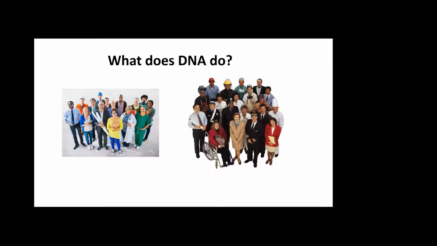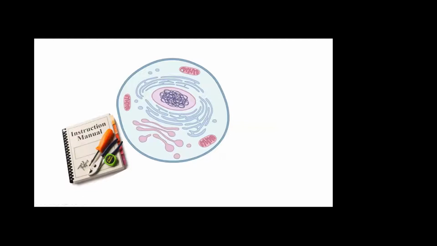But as you correctly said, the DNA actually doesn't do anything. It contains the information. So it is, in fact, an instruction manual that tells the cell what to do and when. This is very important because this is the only way that cells can function and that big organisms like us can actually function and exist properly.